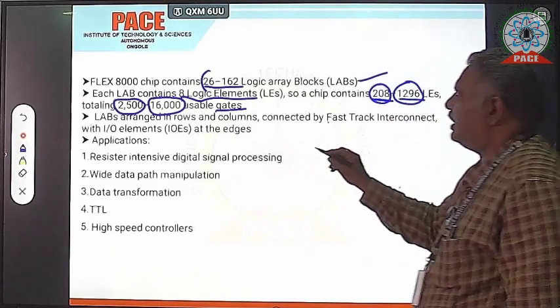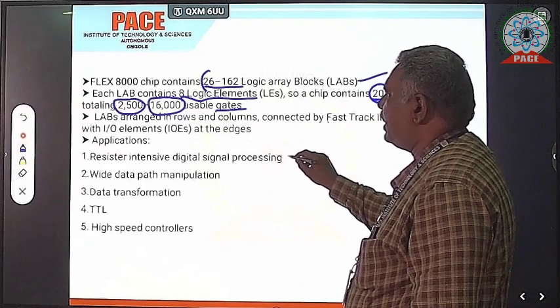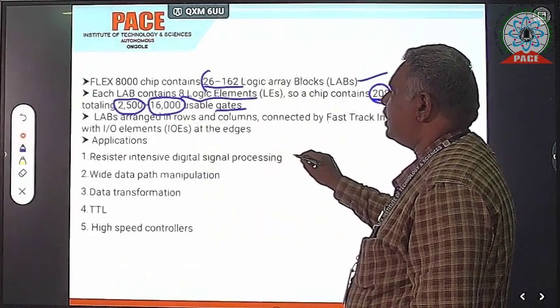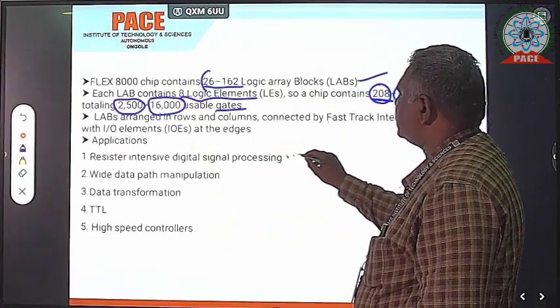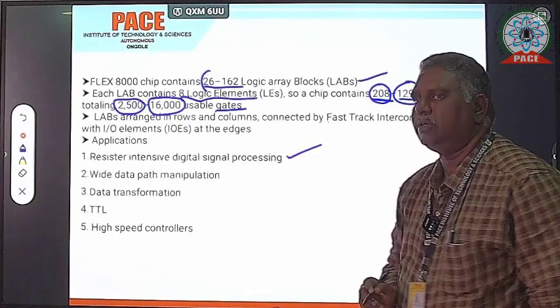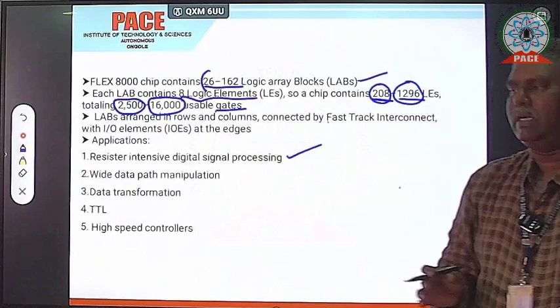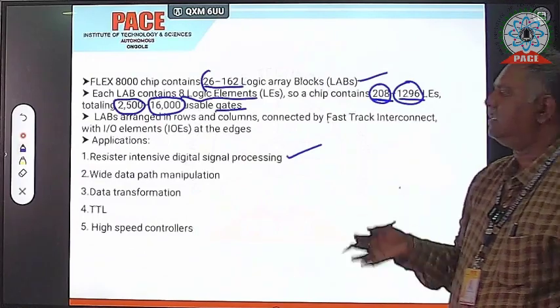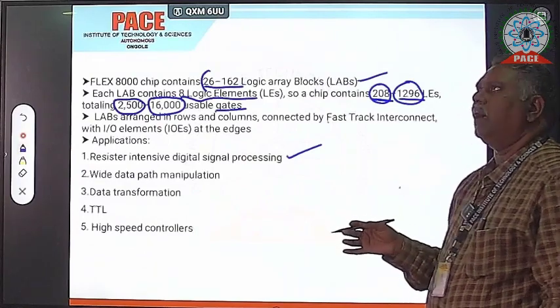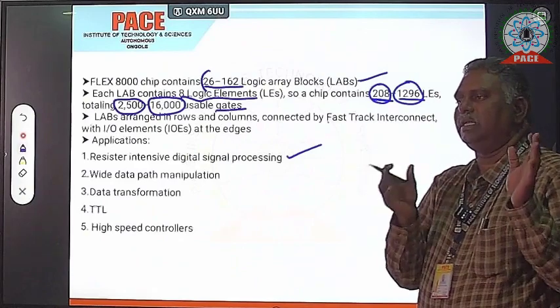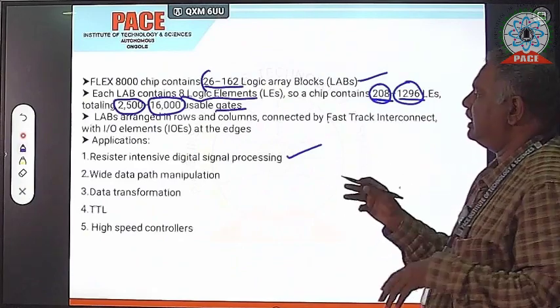One of the applications is digital signal processing. In digital signal processing we are going to convert the analog signals into digital signals, and we are going to use both analog signals as well as digital signals.